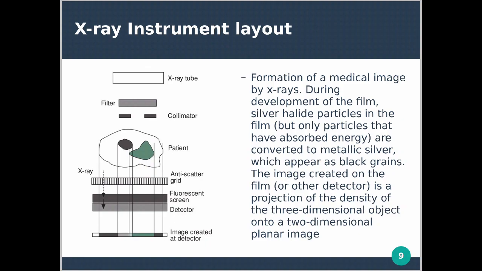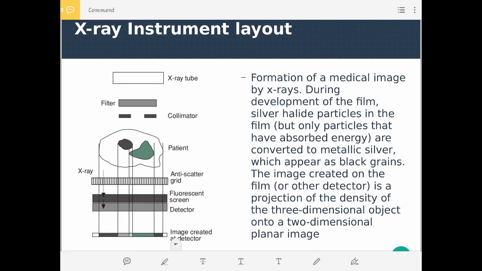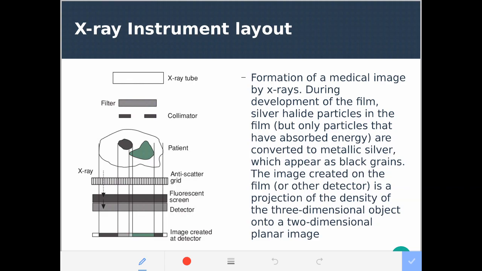When you have denser tissues, the X-rays won't pass through, or will have difficulty passing through those tissues, and of course you will have whiter, more opaque images. Here you have your X-ray tube. It passes through a filter. Why do we have the filter? The X-rays coming from the tube include a plethora of other wavelengths, different types of light.